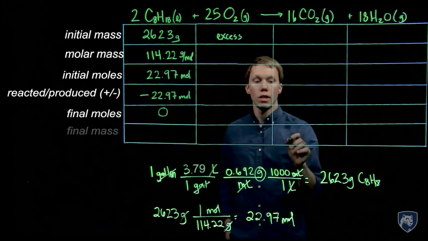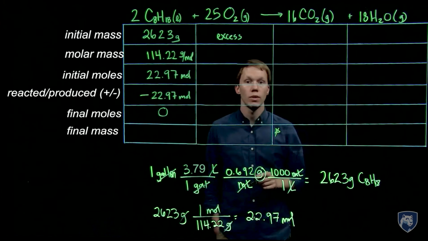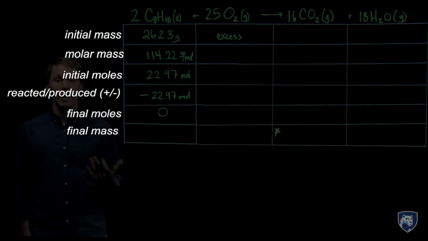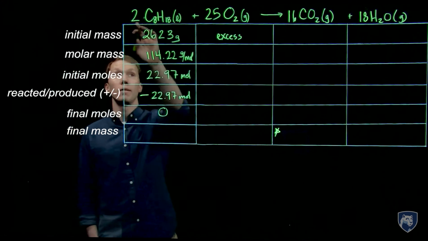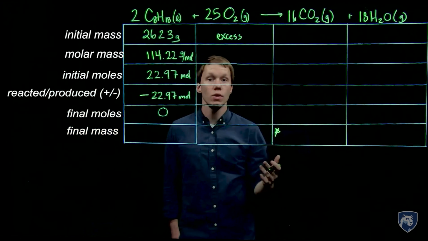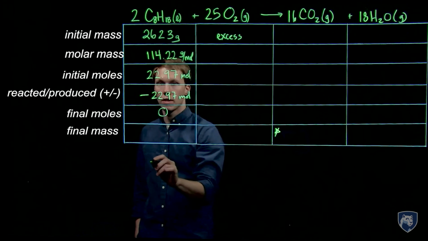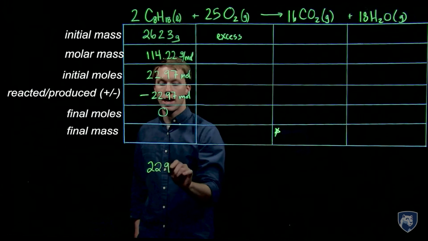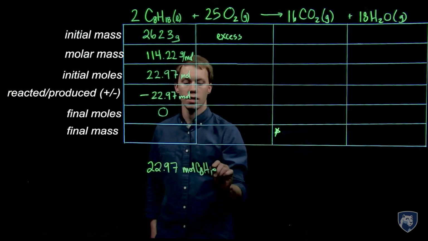And we want to know the final mass. We want to know how much CO2 is released. Now that we're on the mole train, we can use the mole ratios in my chemical reaction to determine the moles of my product that's going to be produced. So I have 22.97 moles of C8H18.